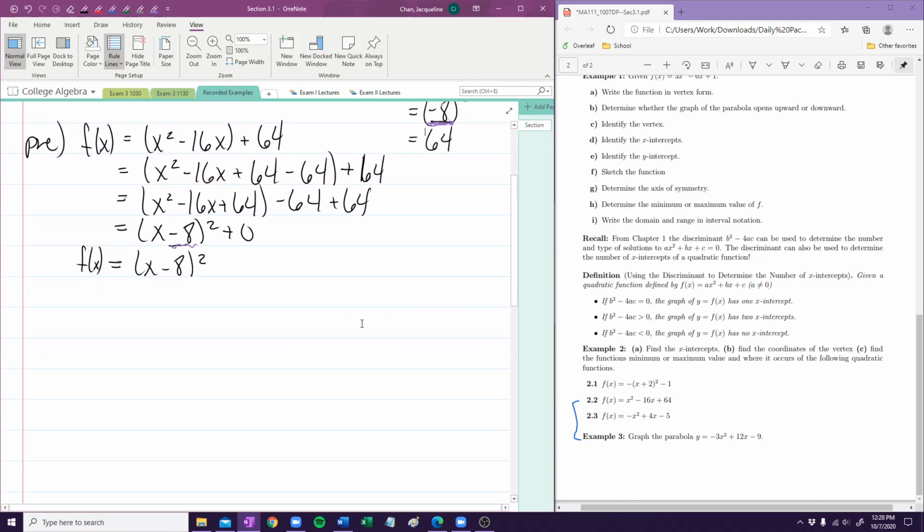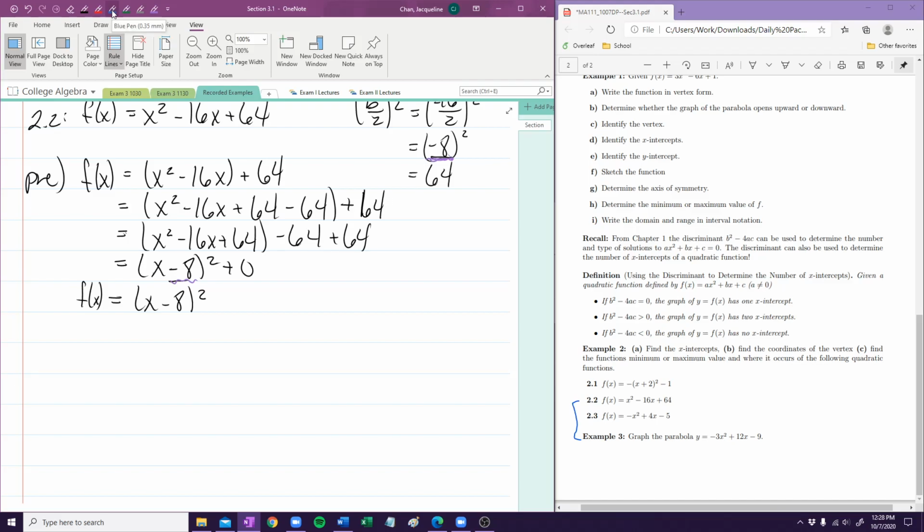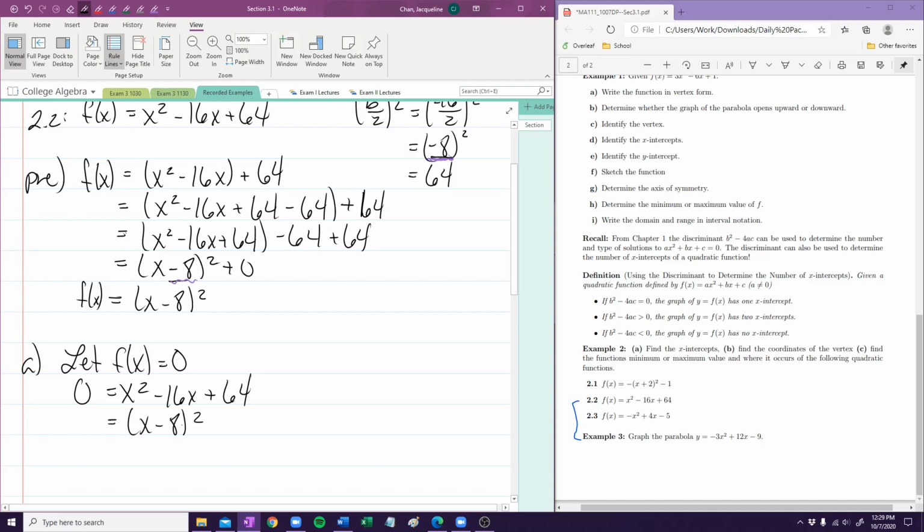So now let's find the x-intercepts. I'm just going to use the given function above, because that's the function we're working with. Remember, for an x-intercept, you want to let f of x equal 0. So I get 0 is equal to x squared minus 16x plus 64. Then this is x minus 8 quantity squared.